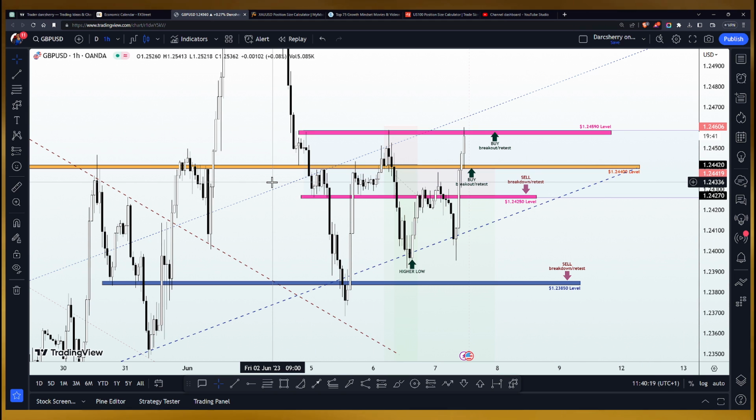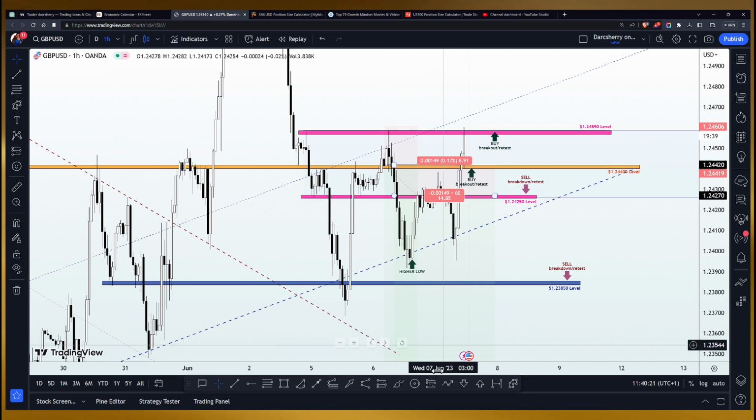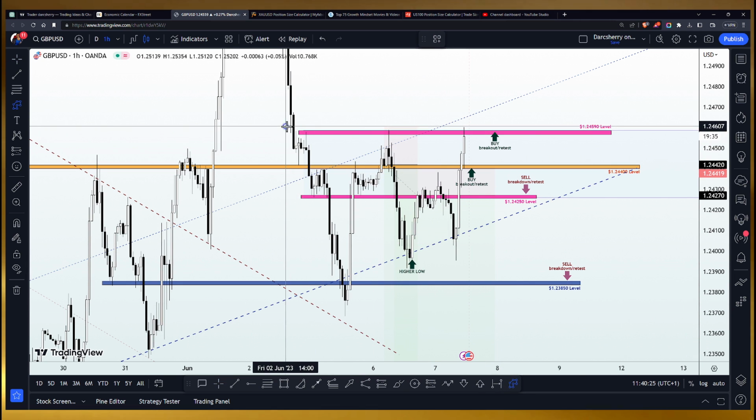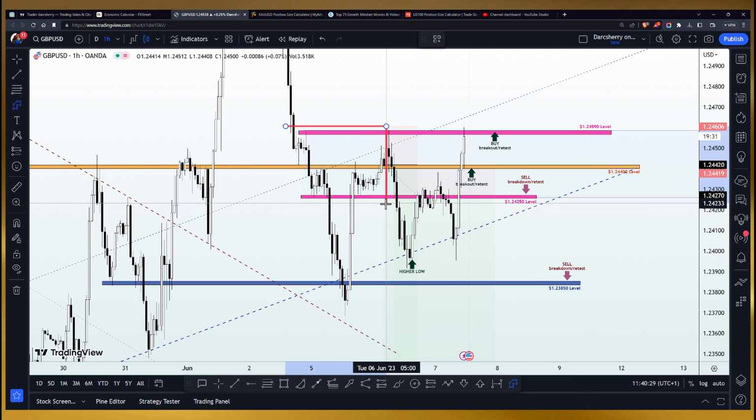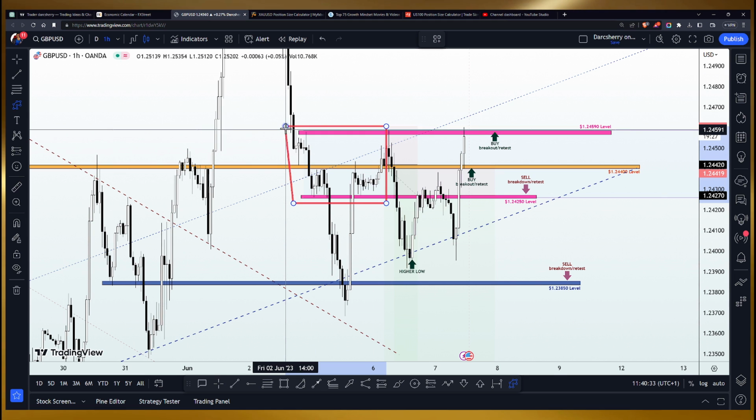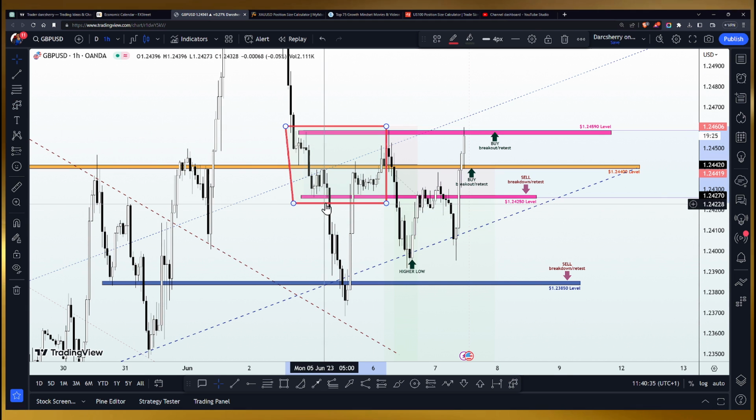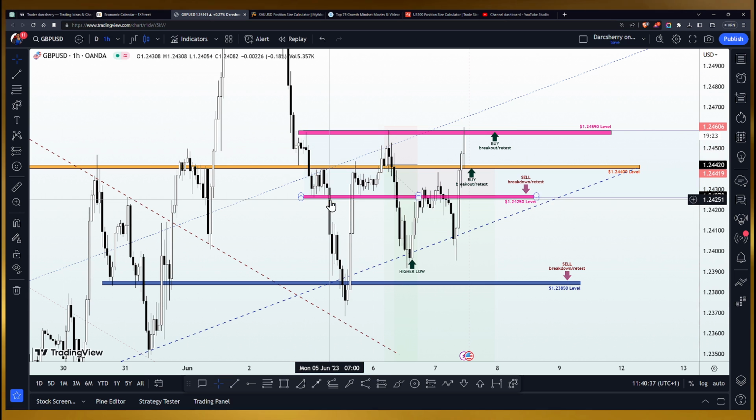Now, beside the key level we identified here on the 1 hour time frame, we also had a flat channel where price action was initially choppy within 1.24590 and the 1.24250 level.